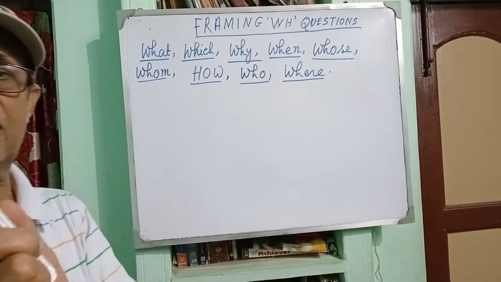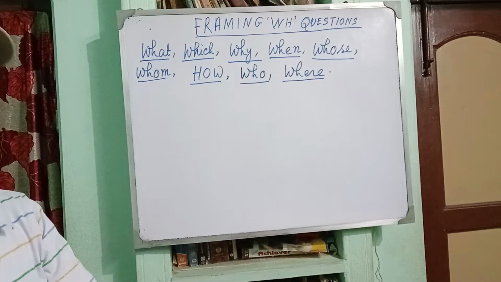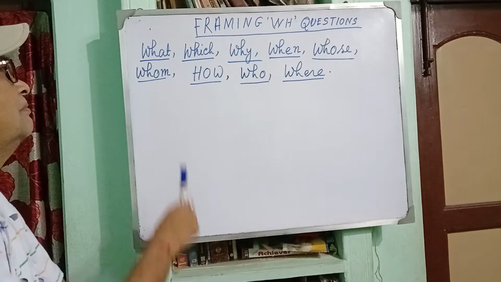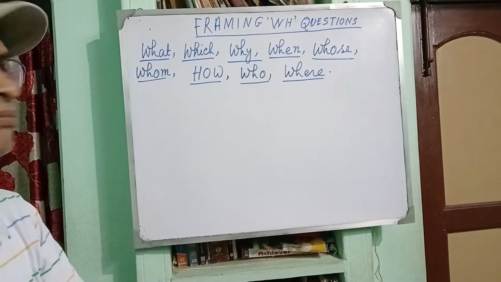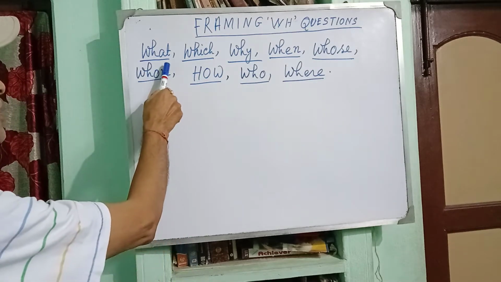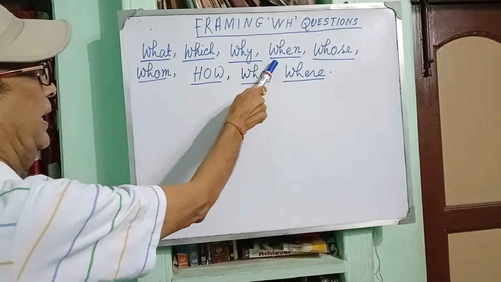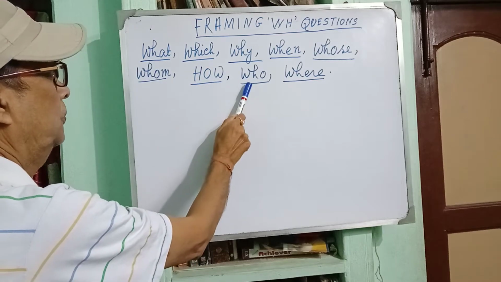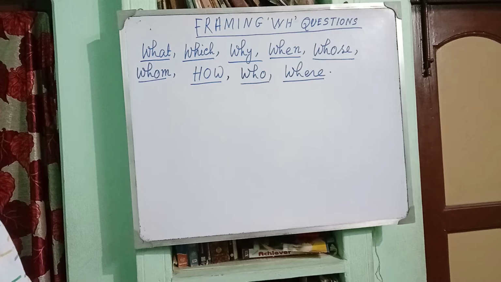You know that there are 9 WH words. I have already noted them down on the blackboard. What, which, why, when, whose, whom, how, who, where. So there are 9 WH words.